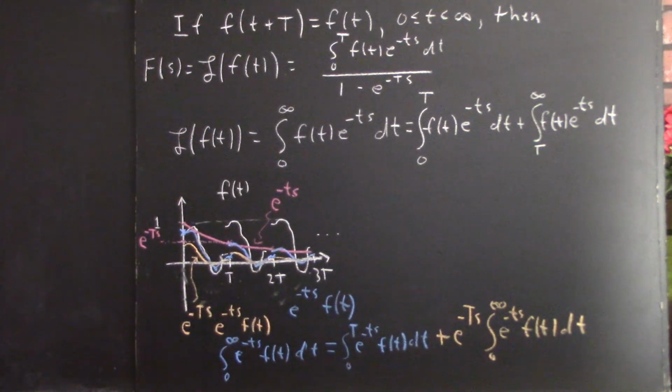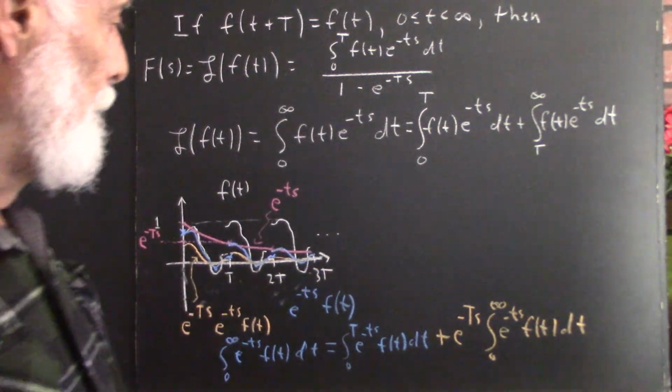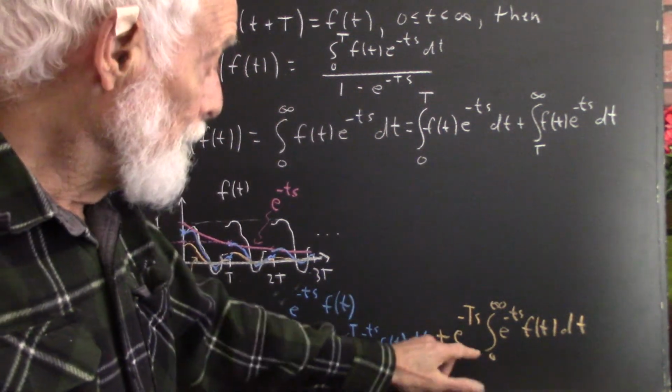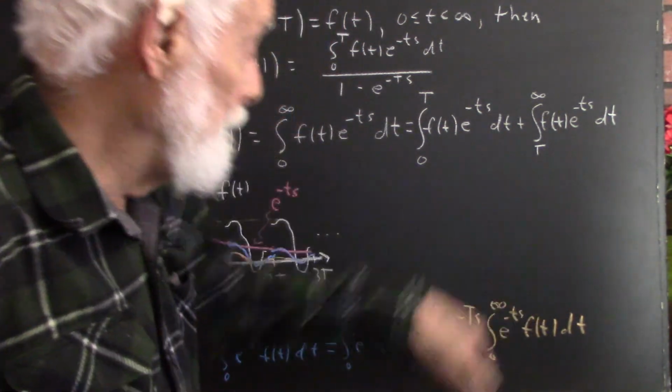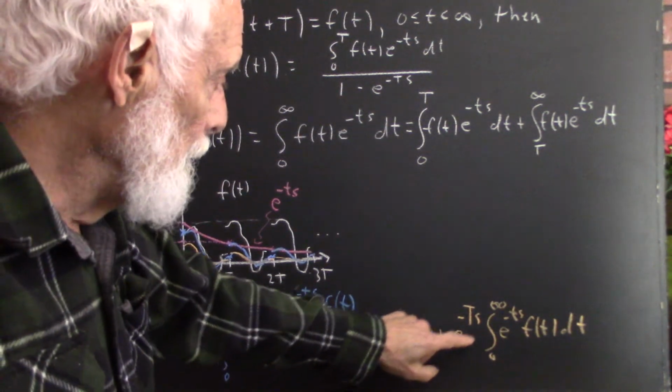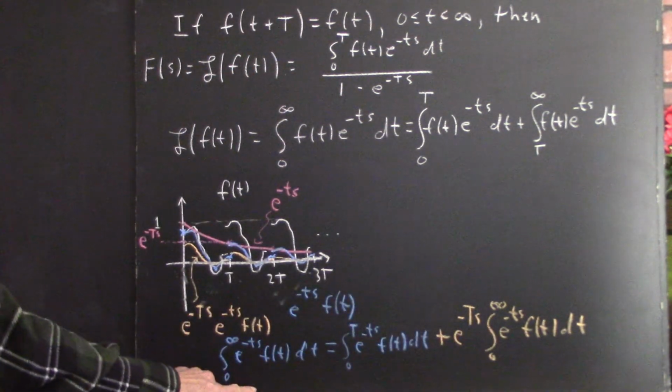this. And if you remember what happened in the proof, of course, or I can just say it right now, this integral is the Laplace transform of f of t. Multiply it by e to the negative capital Ts. This is the Laplace transform.